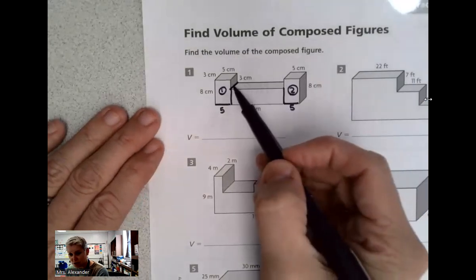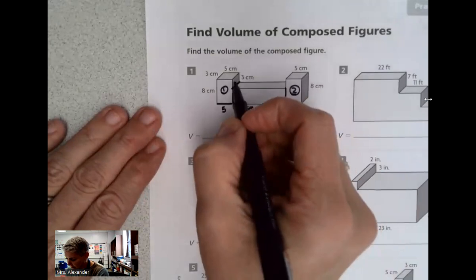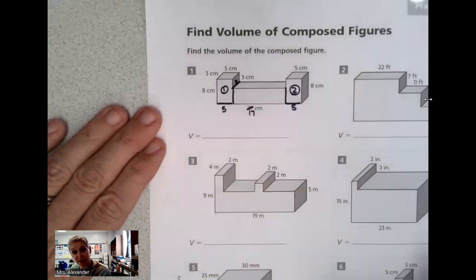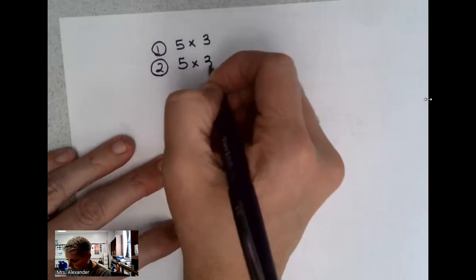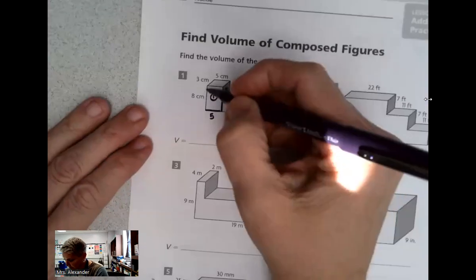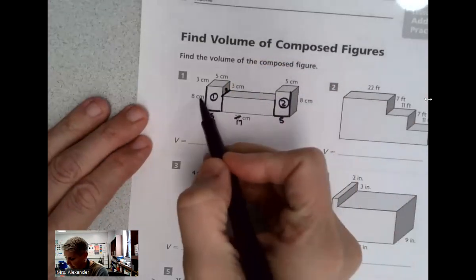So again, there's no measure. I'm going to look for parallel sides, and I'm going to see that that width is a measure of 3. So 5 times 3 for both of those. And then we just need the height. The height is out here for both of them. And we can see the height is going to be 8 centimeters.